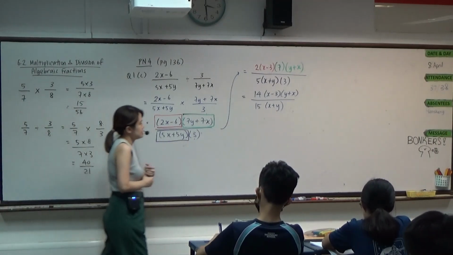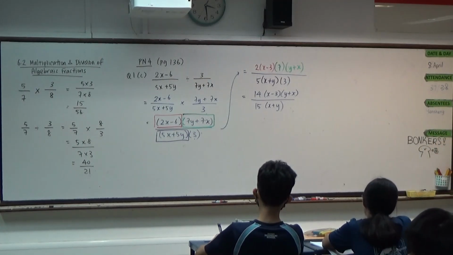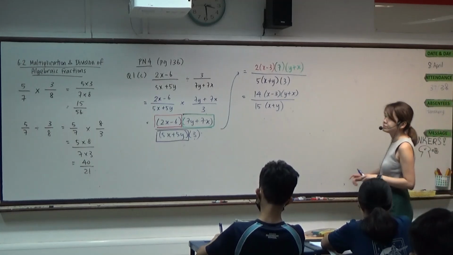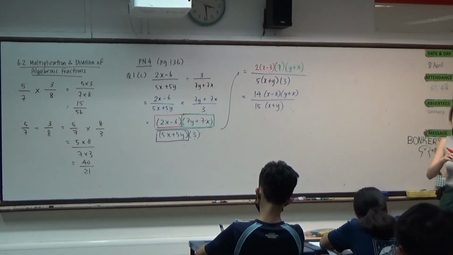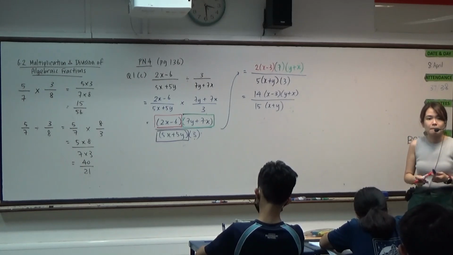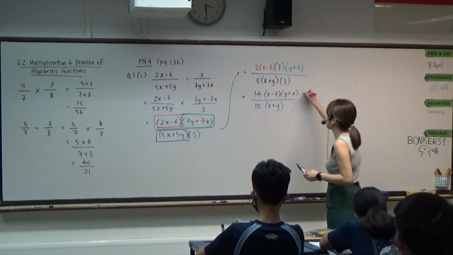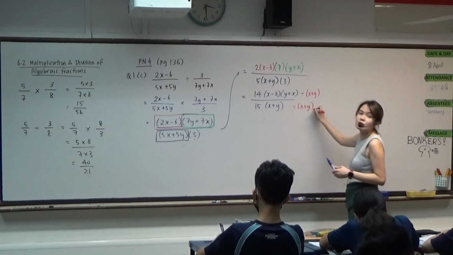Then what next is the final answer? How do we simplify this? What's the common factor in the numerator and denominator? x plus y, so we will divide by x plus y on the numerator and divide by x plus y in the denominator.